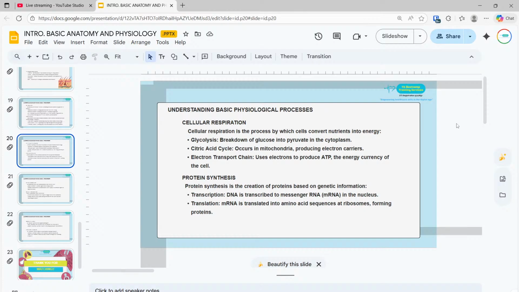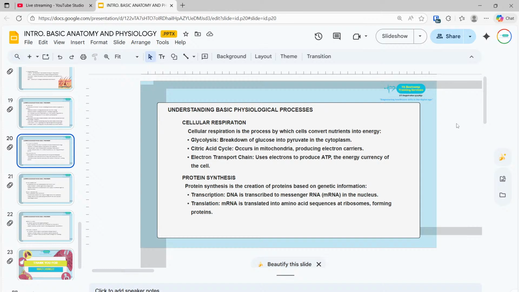Examples are glycolysis, the breakdown of glucose into pyruvate in the cytoplasm; the citric acid cycle, which occurs in the mitochondria, producing electron carriers; and then the electron transport chain, which uses electrons to produce ATP, the energy currency of the cell.